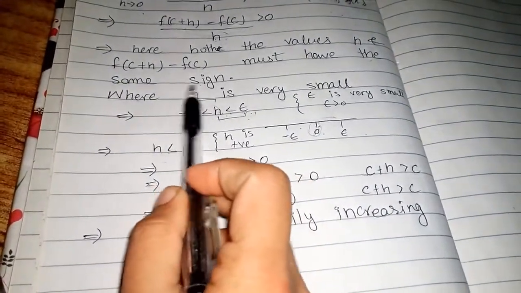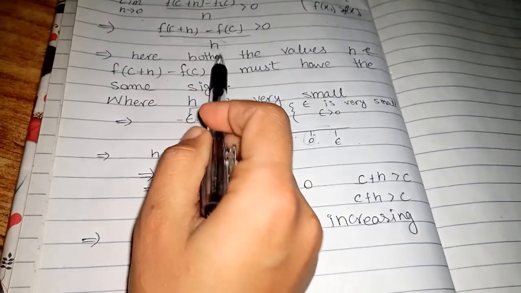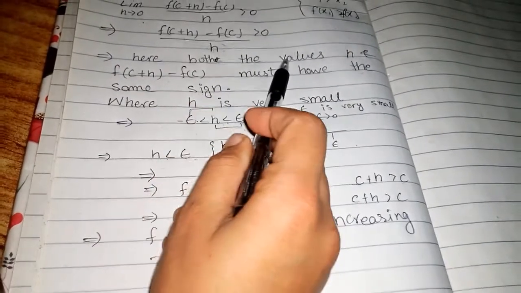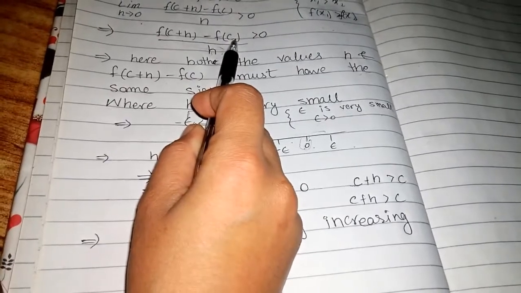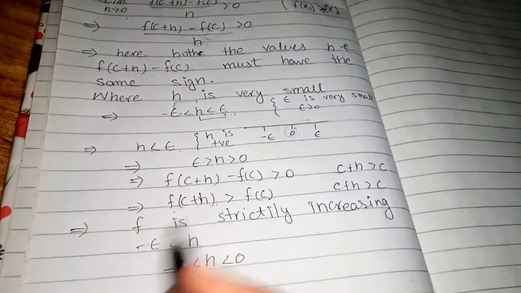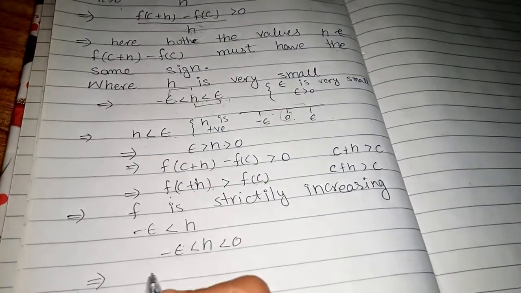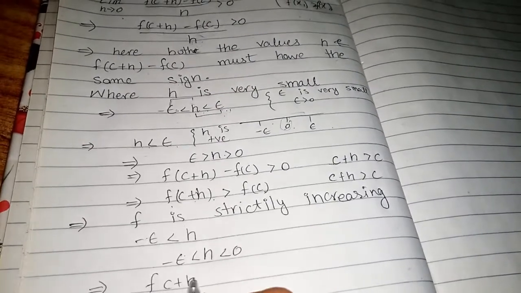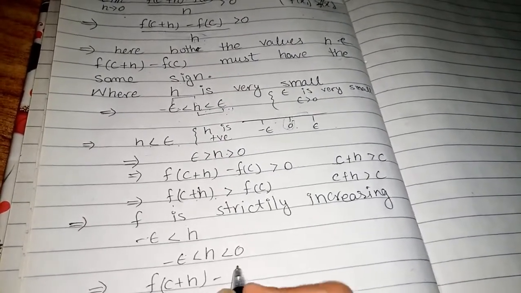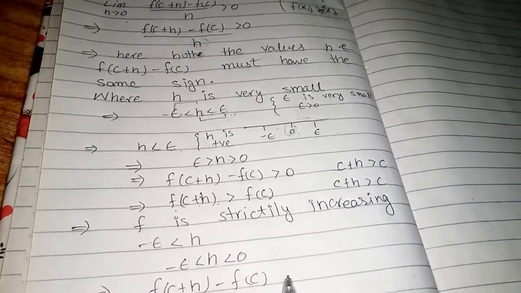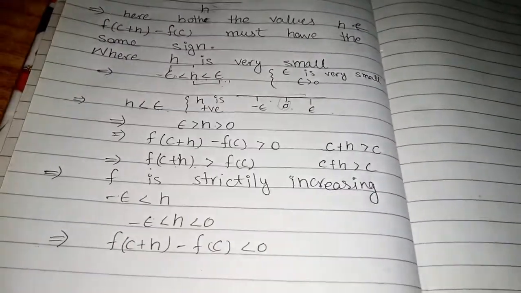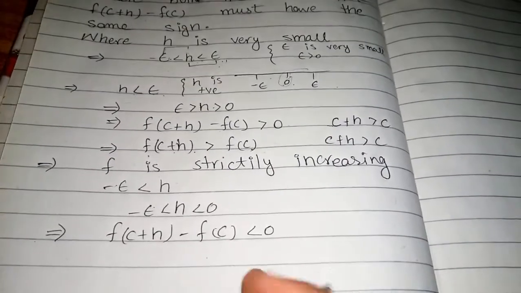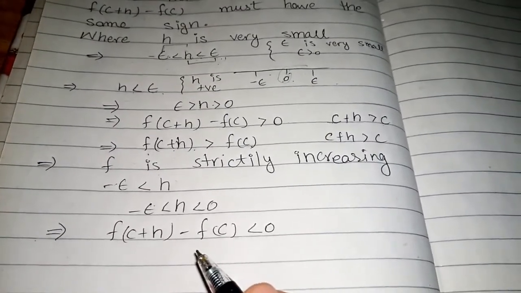Before, we said that both these values have the same sign, so h is less than 0, then this value must be less than 0. So we write f of c plus h minus f of c less than 0. Now we also discuss h with c.